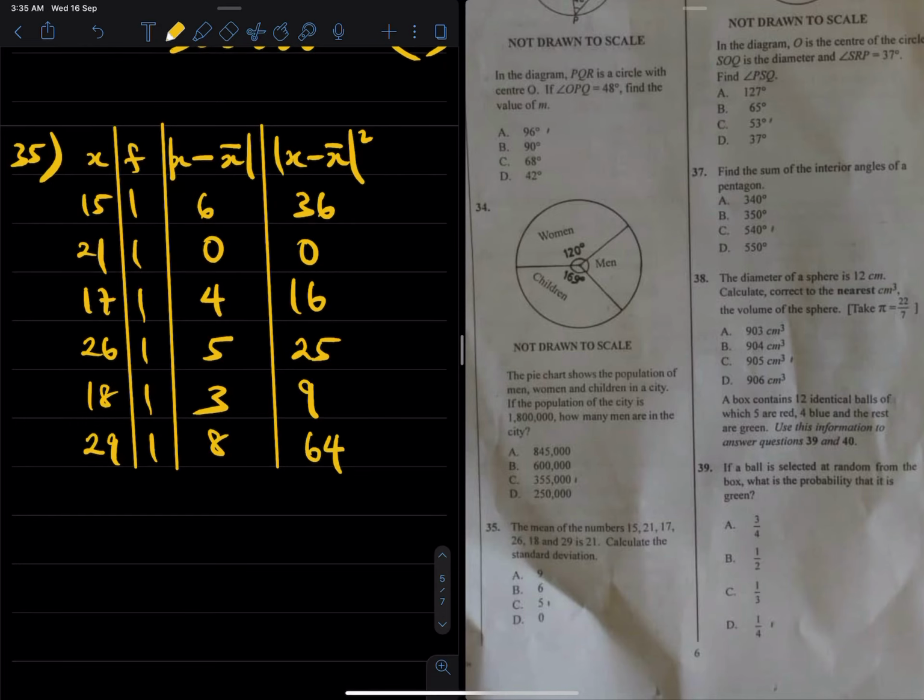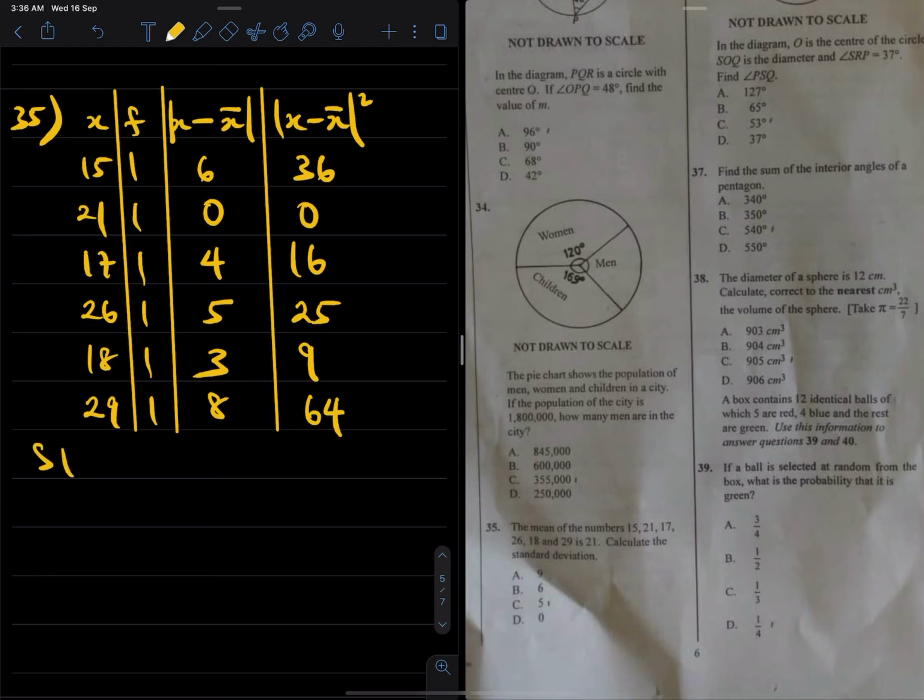So what do we need? We need standard deviation. Let me write this first of all. Summation F, the total frequency, is 6. And the summation of x minus mean squared is 36 plus 16 plus 25 plus 9 plus 64, which is 150. That's beautiful.